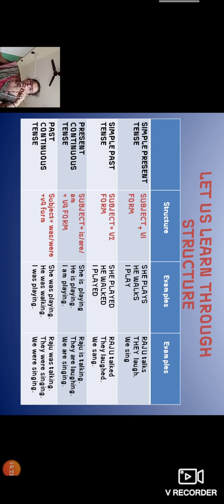Plus V4 form. She is playing, he is playing, I am playing, Raju is talking, they are laughing, we are singing. You can see there where we have used is, where we have used are, and where we have used am. Okay, you can just read it once again, you'll understand much better.